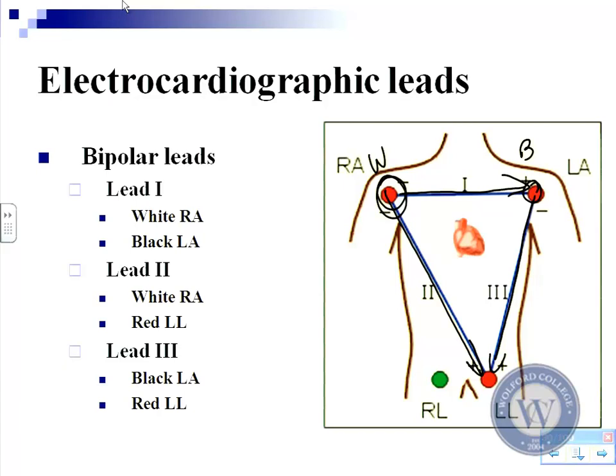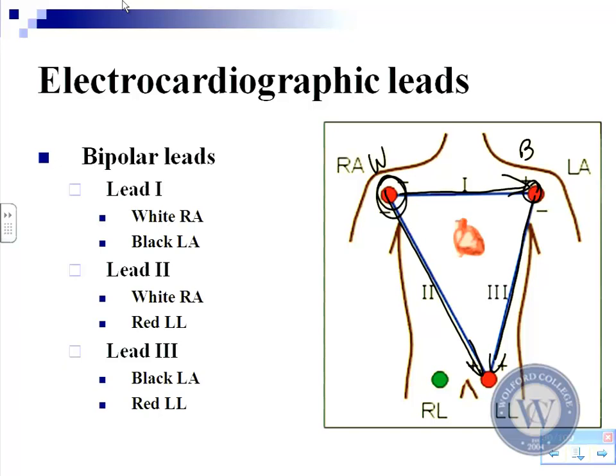Nobody remembers this because nobody uses this. Instead, we use a Cartesian plane, which I'll show you next. But what I want you to understand is that whichever way you put your leads, it will point the arrow to what you're looking at. In other words, where I put my finger, that's what I can see. That's all I can see. If I put my white lead here, and then I put my red lead here, that's lead 2.